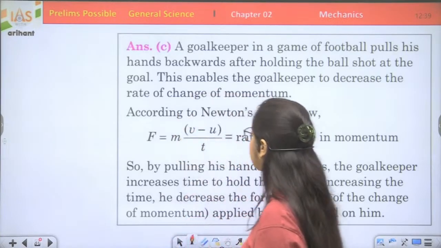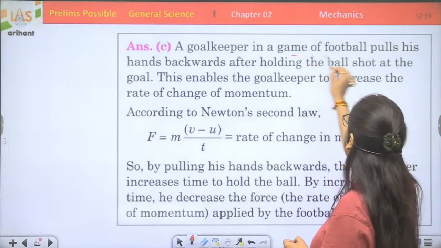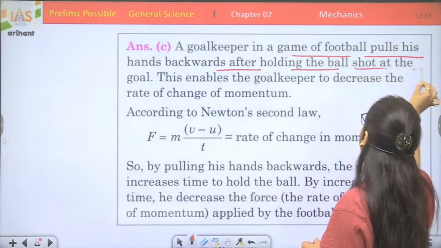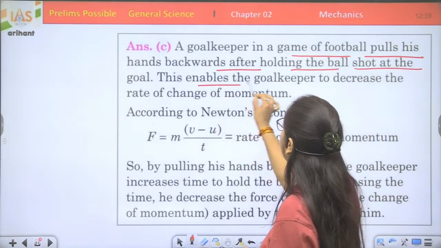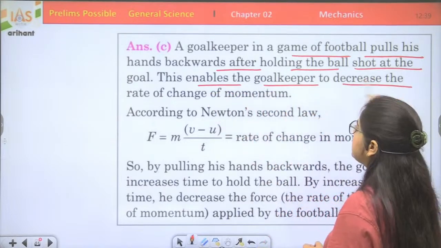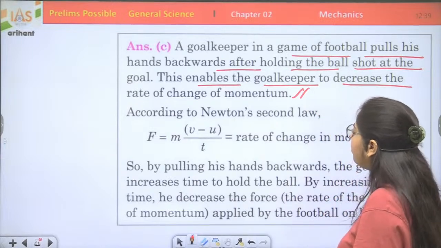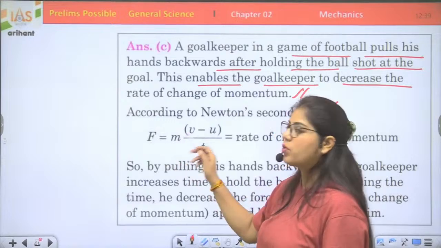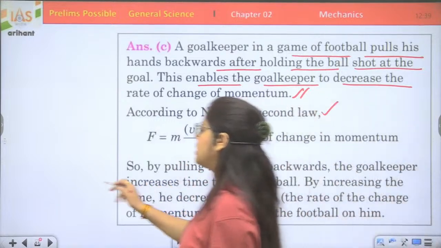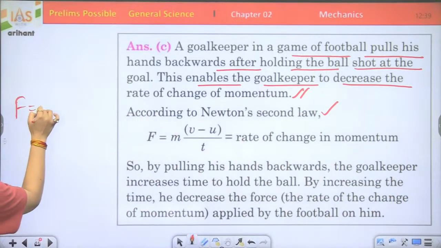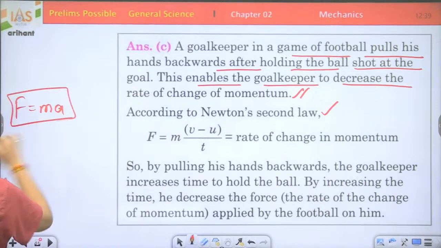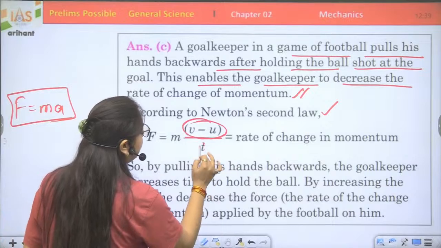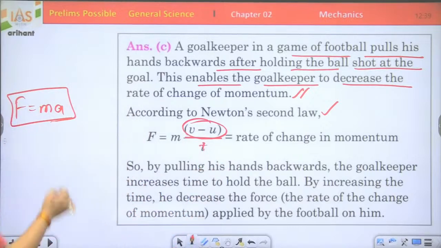Now comes the explanation. A goalkeeper in a game of football pulls his hand backward after holding the ball shot at the goal. This enables the goalkeeper to decrease the rate of change of momentum. According to Newton's second law, F is equal to m into a, mass into acceleration. Here a is v minus u by t. What is this? This is acceleration.